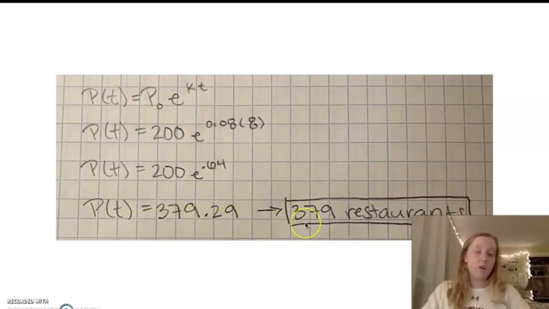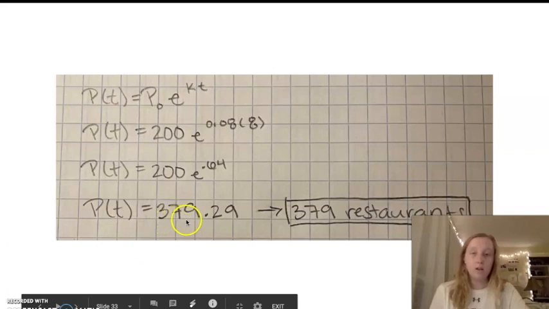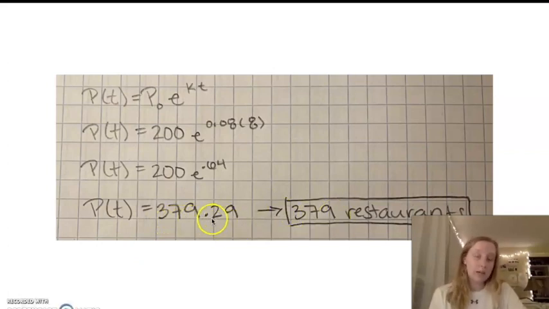This means that she operated 379 restaurants in 2007 if the rate of growth was 8%. We know that we have to round down from 379.29 to 379 because she can't operate only 0.29 of a store. Therefore, she only operated 379.